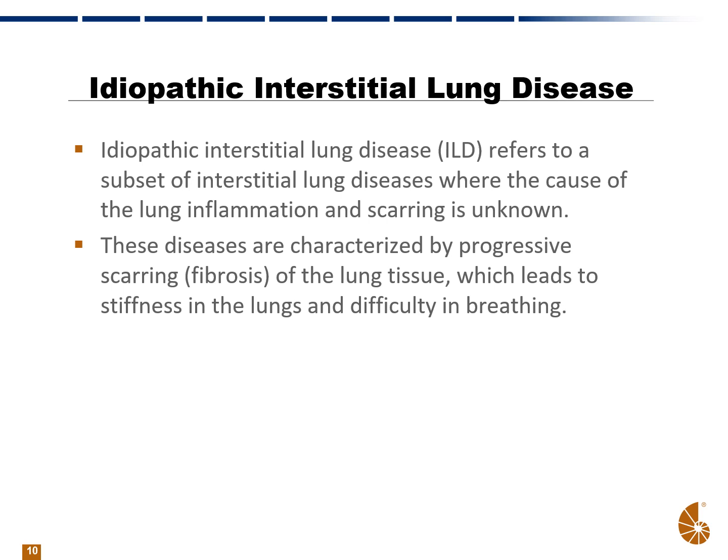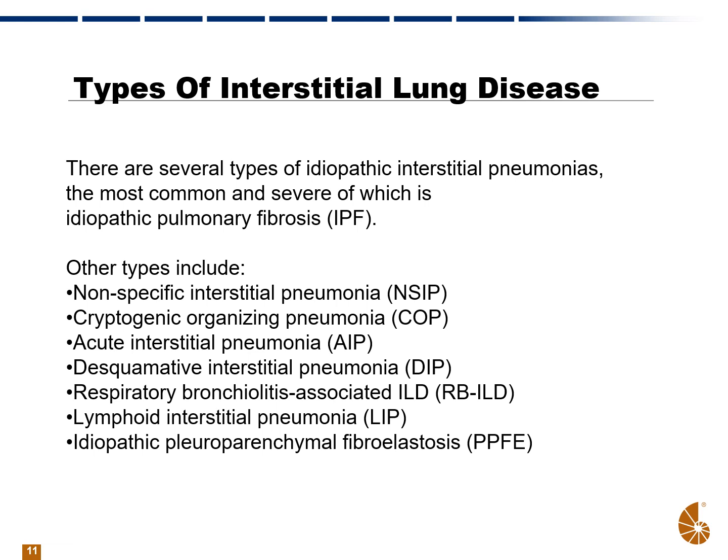Talking about idiopathic interstitial lung disease, these are diseases characterized by progressive fibrosis and scarring of the lung, which leads to stiffness of the lungs and difficulty breathing. And there's no known cause of this. So here are types of idiopathic interstitial pneumonias, the most common and severe of which is idiopathic pulmonary fibrosis.